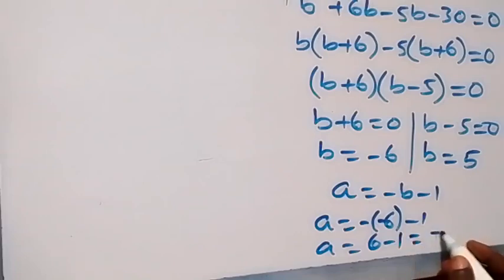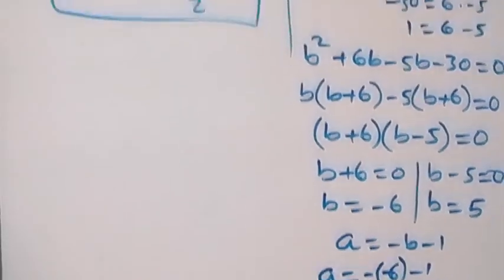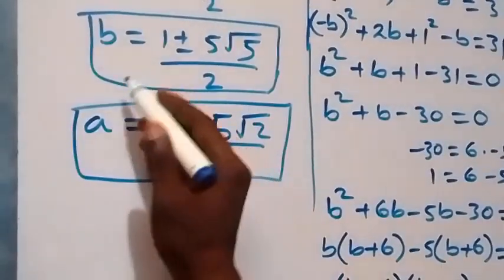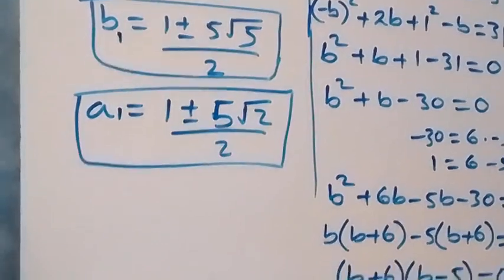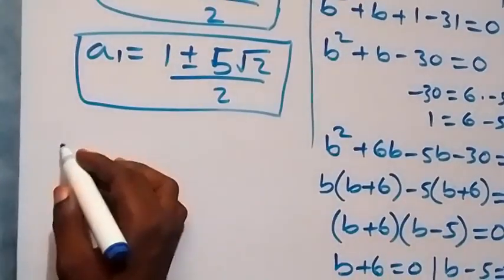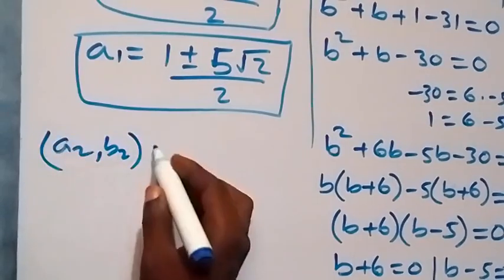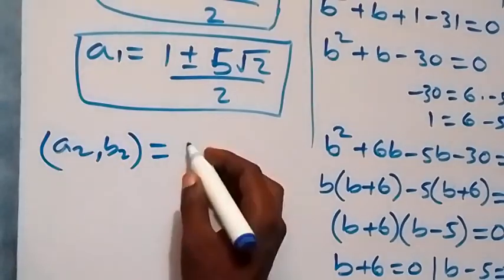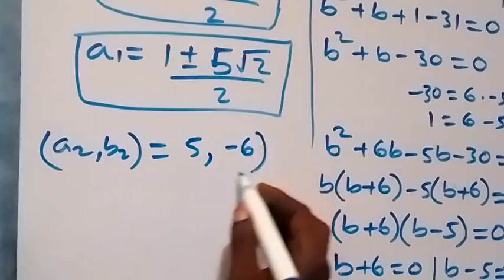Here A equals 5. So if we already have A1 comma B1 here, let's say this is A1, B1, then A2, B2 is now equal to A2, that's 5, comma B2 minus 6.